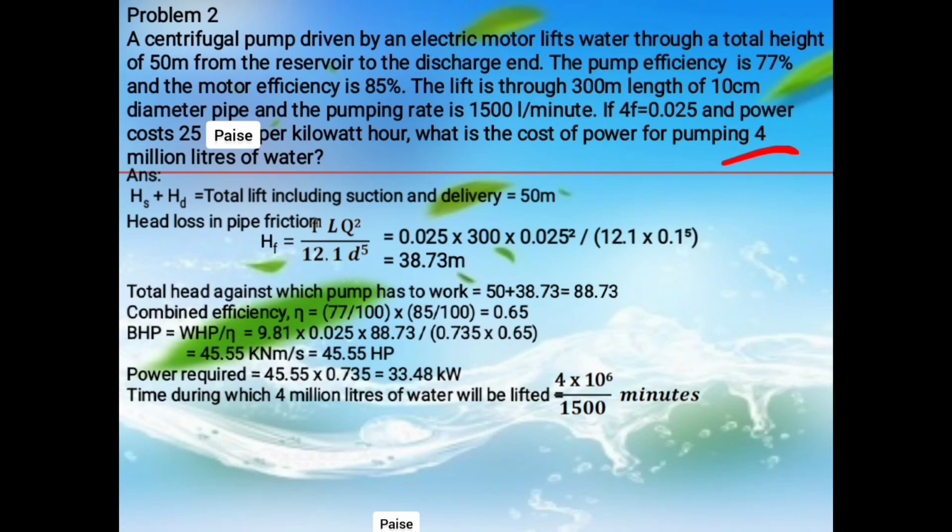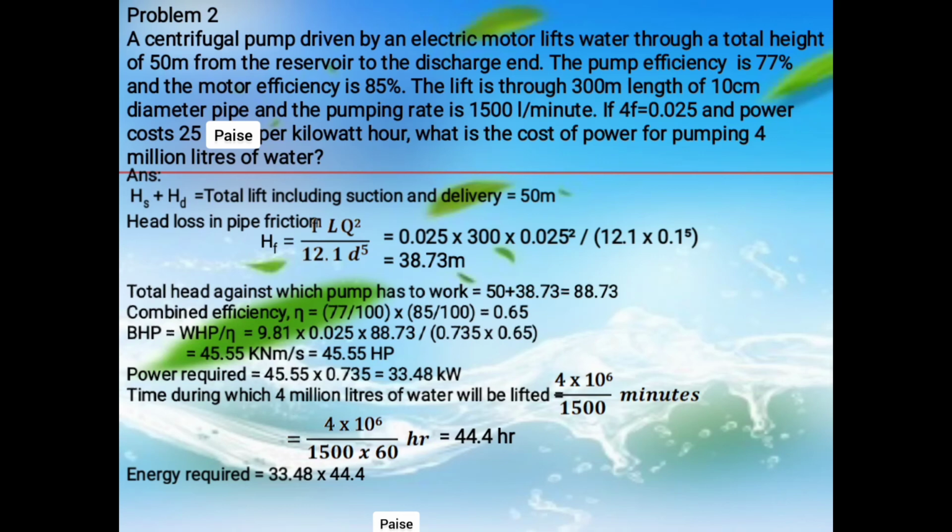Therefore, for pumping 4 million liters, how much time will be needed? That equal to 4 into 10 raised to 6, 4 million liter, convert this million liter into liter, 4 into 10 raised to 6 divided by 1500. That is, the answer is in minutes, convert this into hour. That is equal to 4 into 10 raised to 6 divided by 1500 into 60, that equal to 44.4 hour.